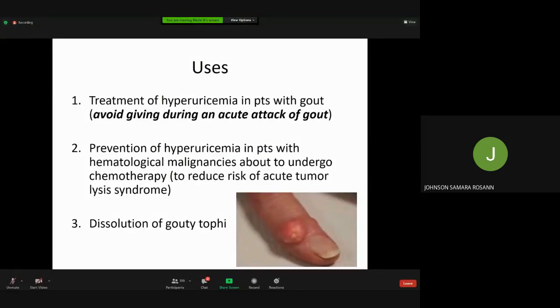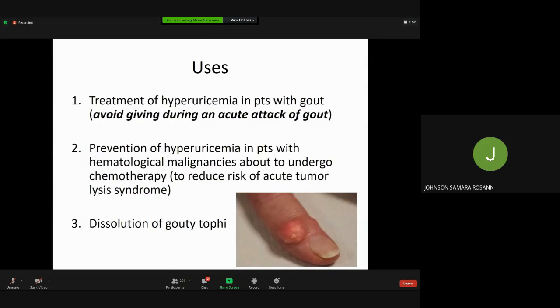You don't want to start lowering the uric acid during an acute attack because you may worsen the attack, because as you lower the uric acid levels in blood, you then have mobilization of uric acid from other tissues other than the joint. Other tissues where the uric acid has been stored will be mobilized back into the bloodstream, and then now because the joints are cooler, it keeps precipitating in the joints. So that's why we are not lowering uric acid during an acute attack.